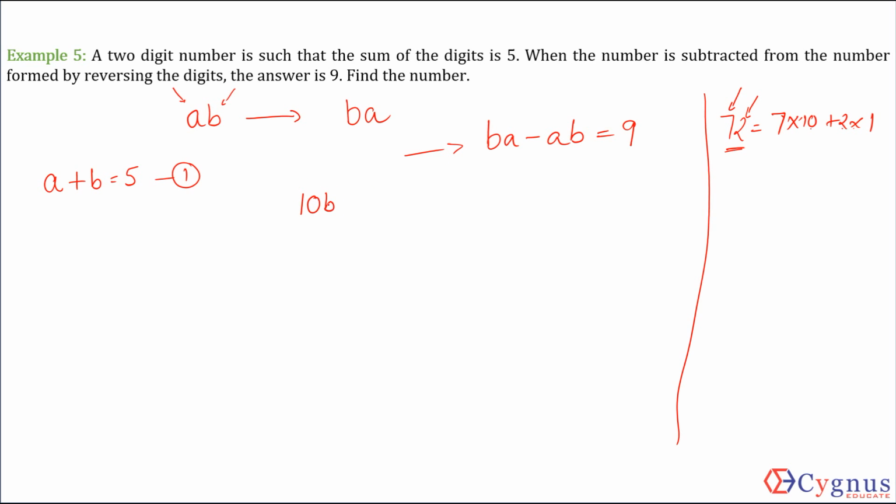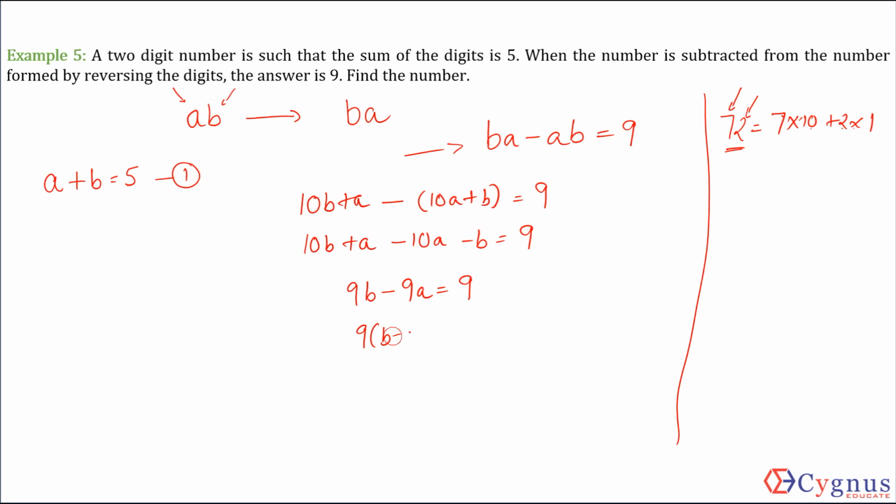BA can be written as 10B plus A, and AB can be written as 10A plus B, which is equal to 9. When you open these brackets, what do you get? 10B plus A minus 10A minus B is equal to 9. So effectively, I'll be left with 9B minus 9A is equal to 9. 9 common, we get B minus A is equal to 1.